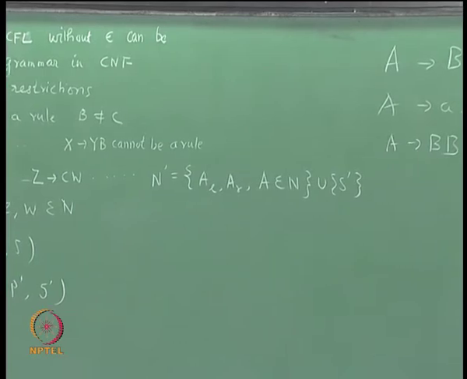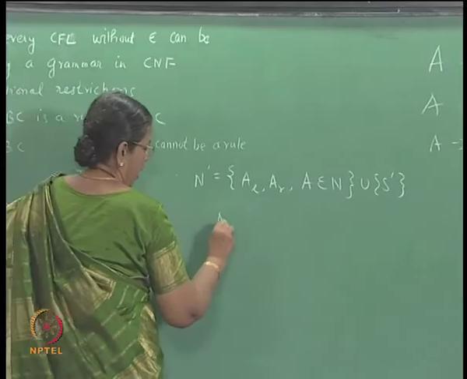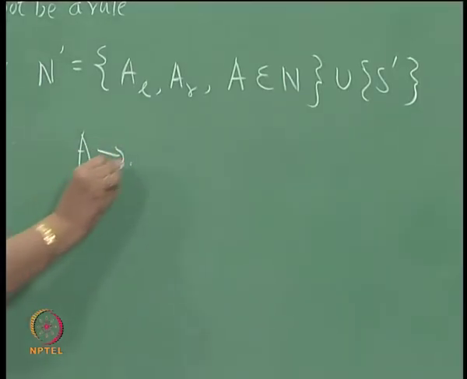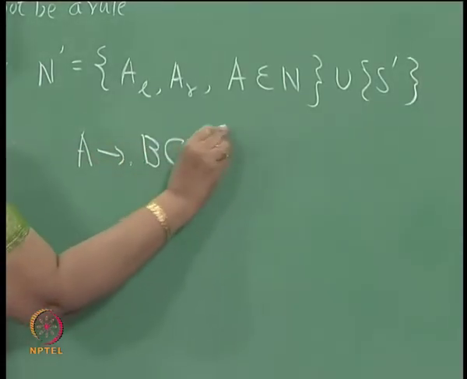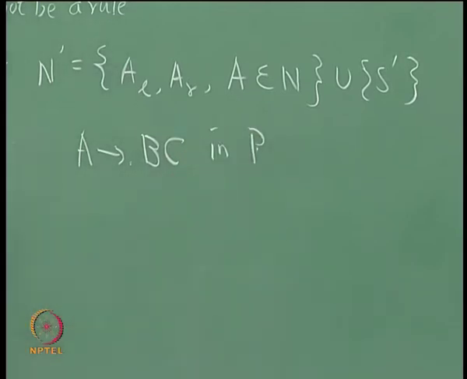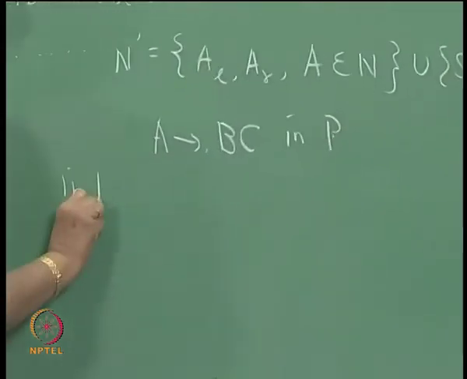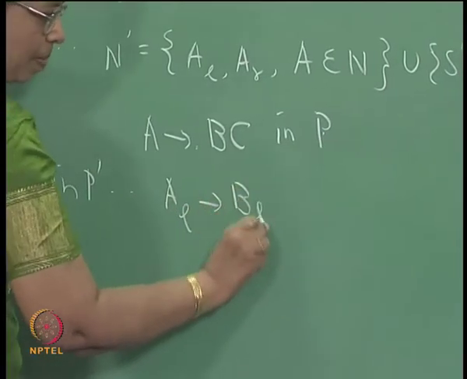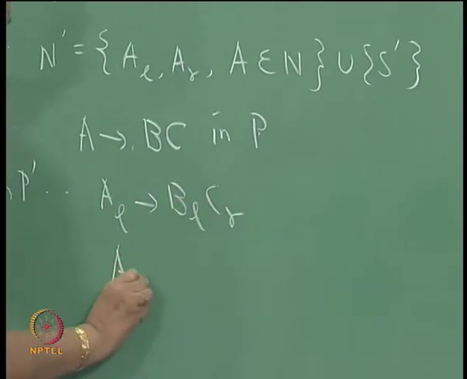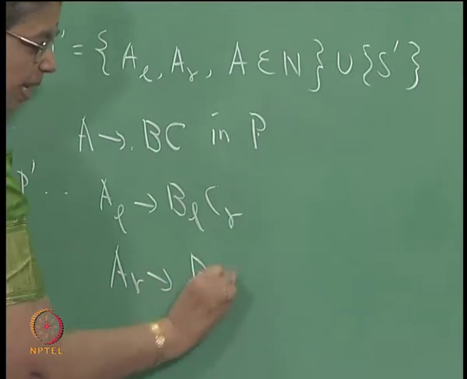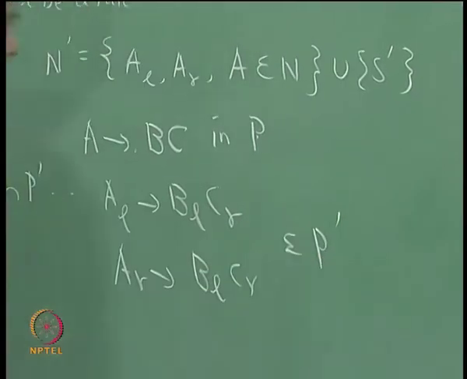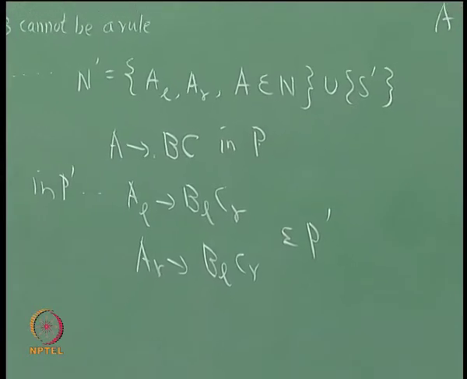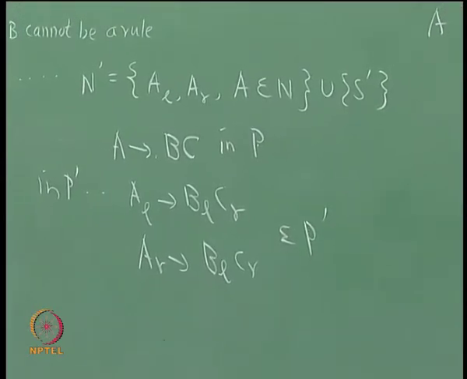So, when you have a rule of the form A goes to BC in P, in P dash you will have AL goes to BLCR, and AR goes to BLCR. You have 2 rules like that.